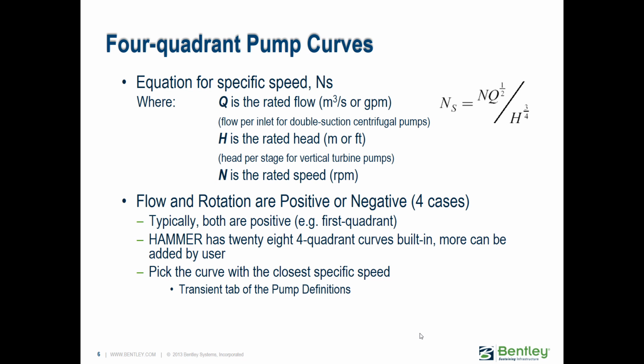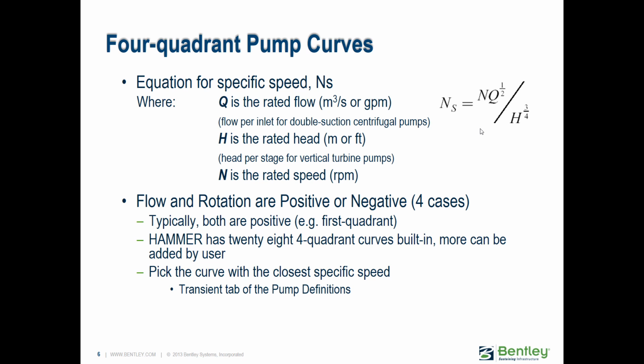So talking about specific speed here, here's the equation for estimating what that specific speed is. Specific speed is a number like 1280, and there's units associated with it, sometimes denoted by an NS. So this is the equation you would use to estimate it. It is accounting for the rated flow and rated head and rated speed.